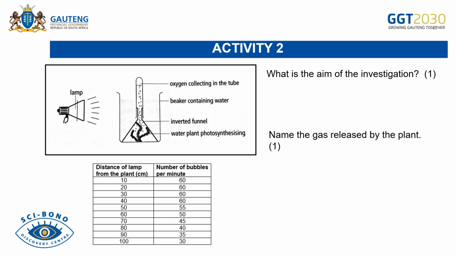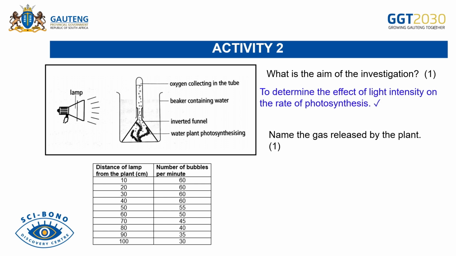What will be the aim of this investigation? You're looking at bubbles, you're looking at light intensity, so what will be the aim? And then, name the gas released by the plant. The aim is going to be to determine or to investigate the effect of light intensity on the rate of photosynthesis. Can you see that?